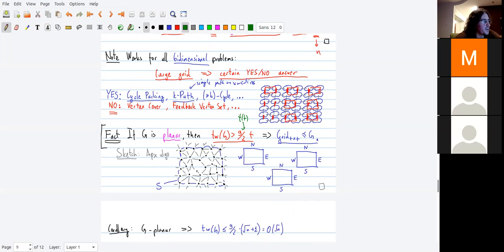I will not prove this fact again. However, I think it is nice to understand where this grid comes from. To prove this theorem, you make an approximation algorithm for treewidth, trying to decompose the graph, and the approximation algorithm works similarly as before. It tries to decompose some subgraph of my planar graph. The boundary of this subgraph, this set S, will always be of size at most 4t, and it will be like a curve in the plane.